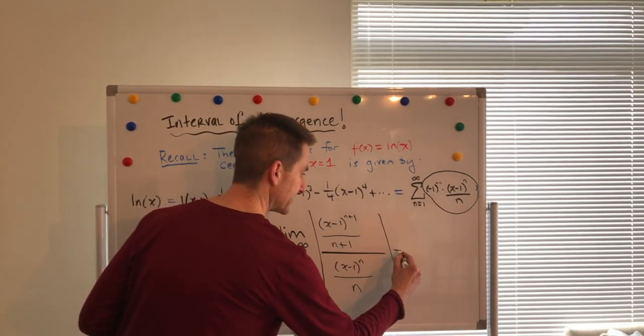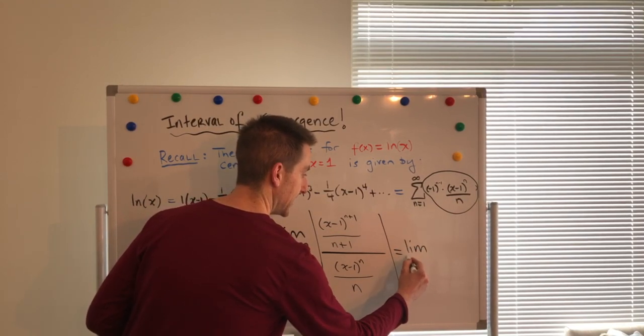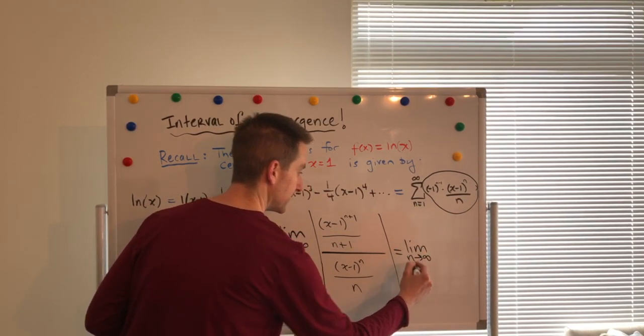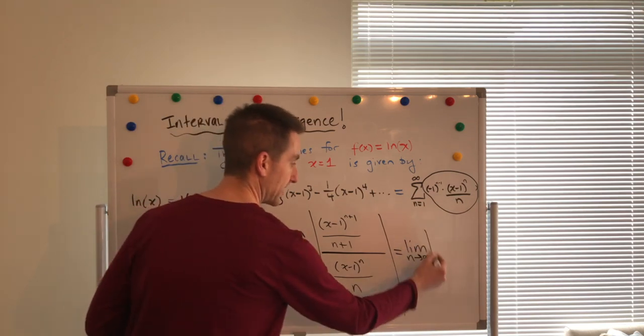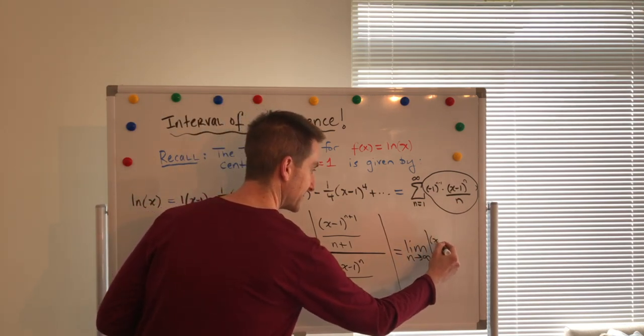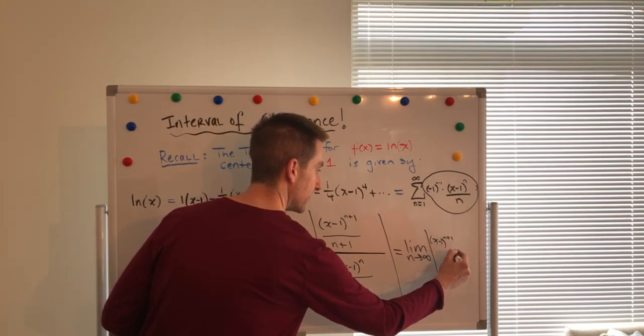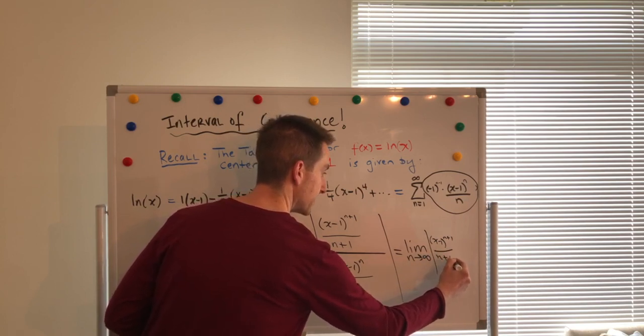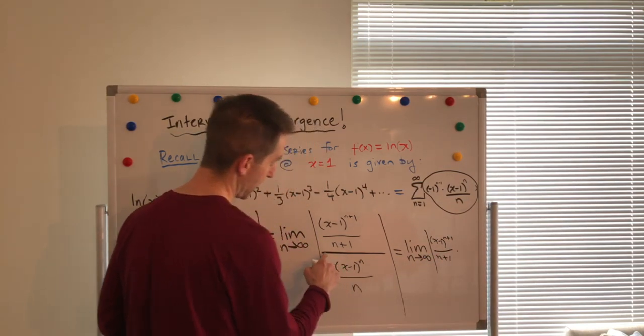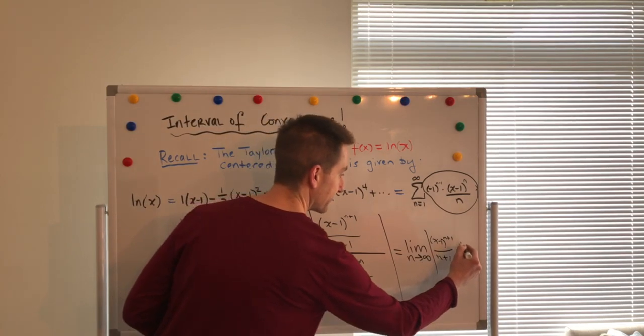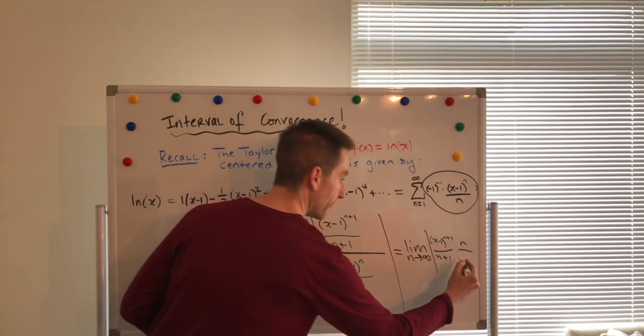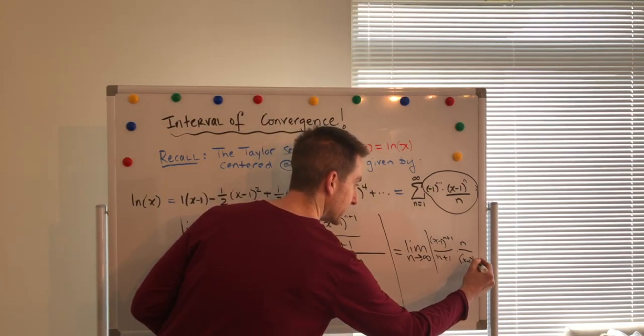And so this becomes the limit as n goes to infinity of x minus 1 to the n plus 1 over n plus 1, multiplied by, when I divide by a fraction, I multiply by the reciprocal, which would be n over x minus 1 to the n.